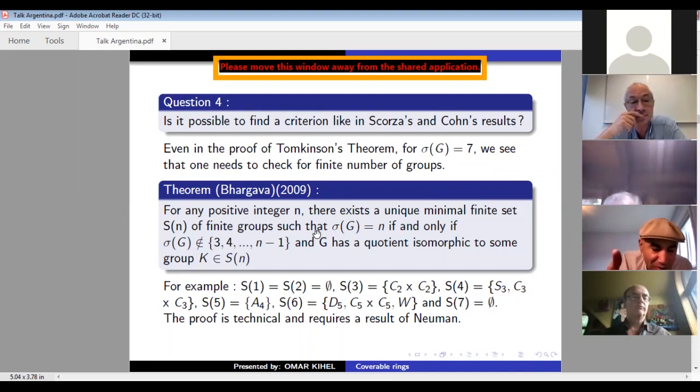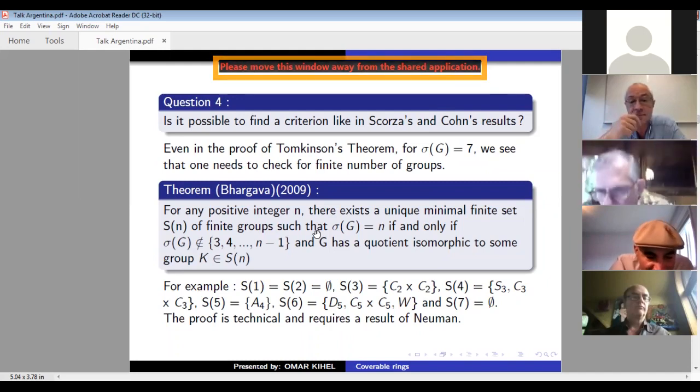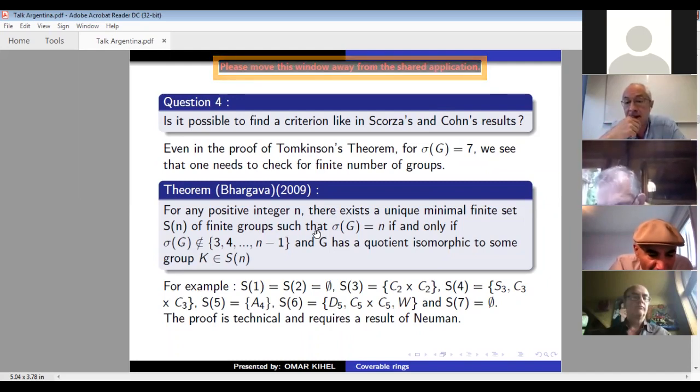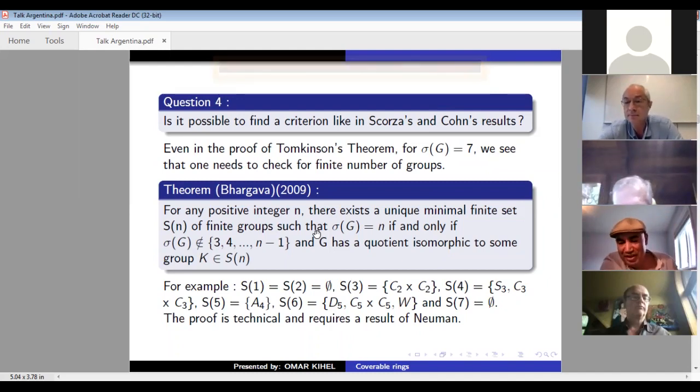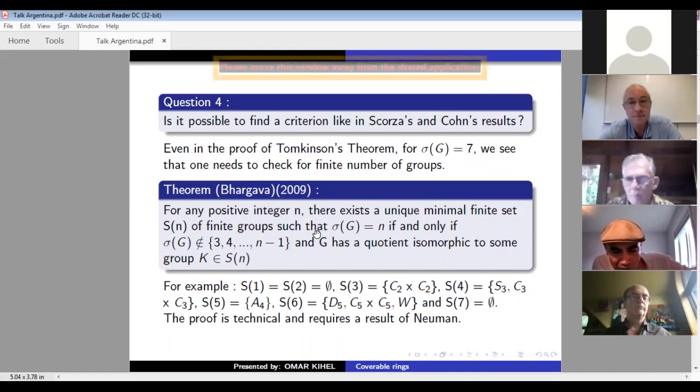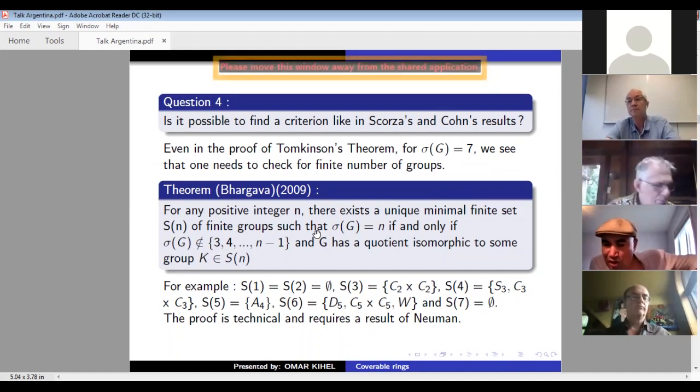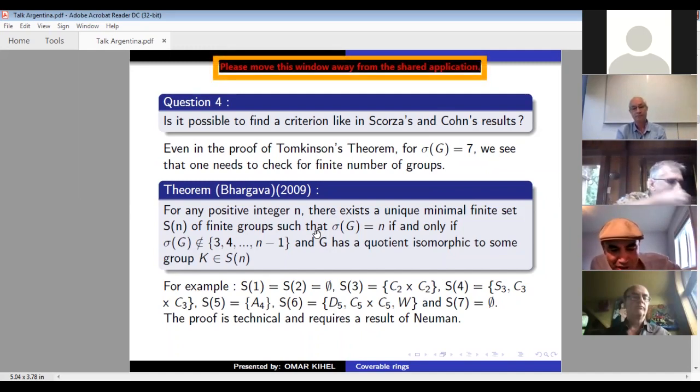So in general, if and only if sigma G, of course, is not 3, 4 until n, and G has a quotient isomorphic to some group K in Sn. So what is here? If we go here for sigma G equal 3, 4, 5, 6, we see the theorem of Tomkinson. But what's happening for sigma G equals 7?